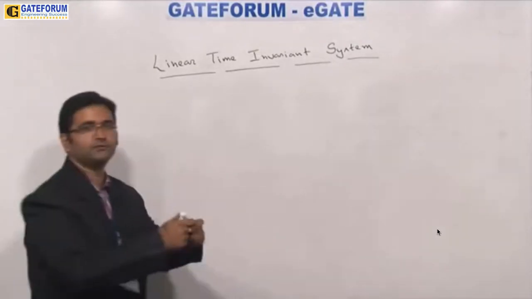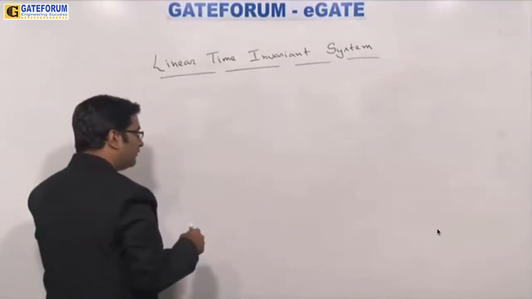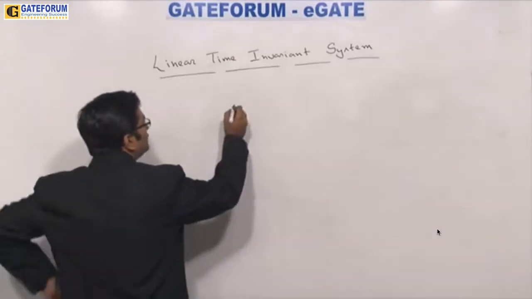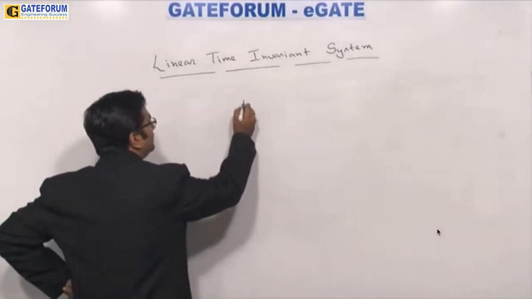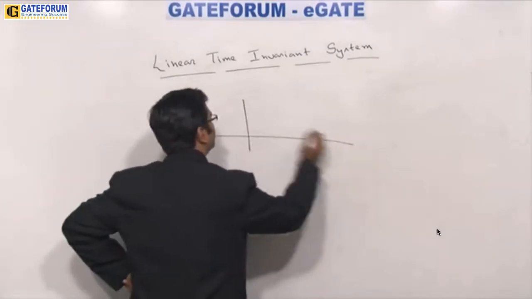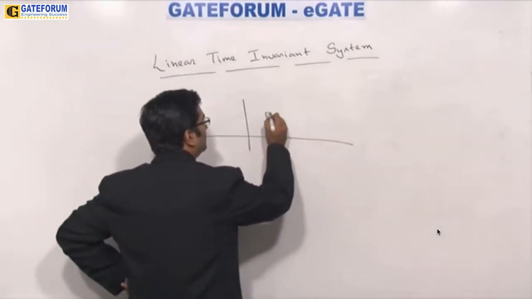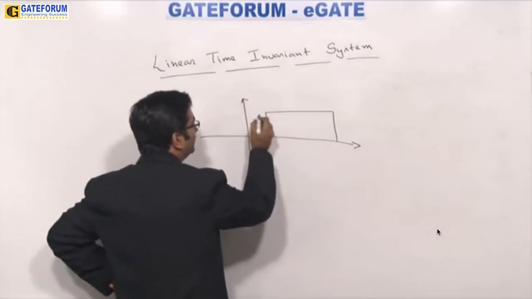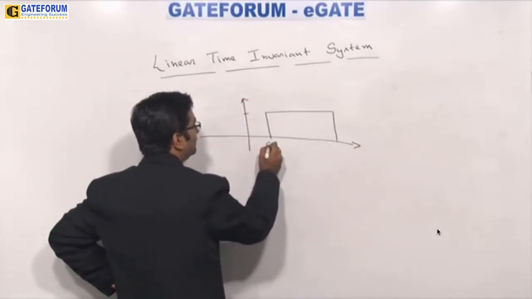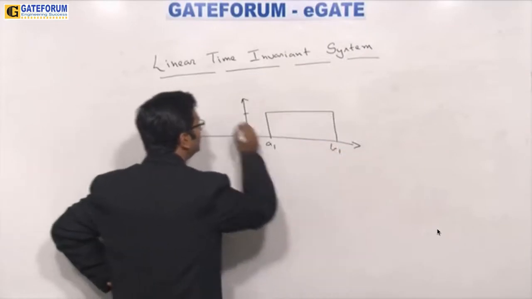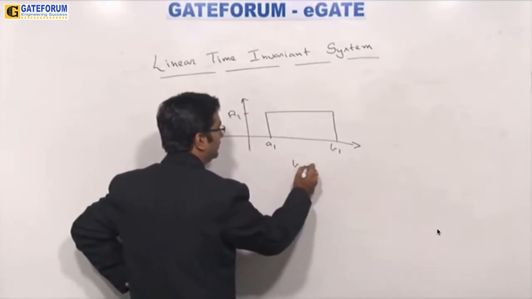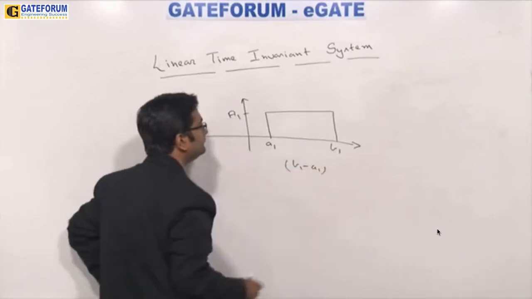Now see, what does this convolution mean? If I want to convolve two things, let's say there is one signal, one pulse, with magnitude A1, from A1 to B1, so the pulse width is B1 minus A1.